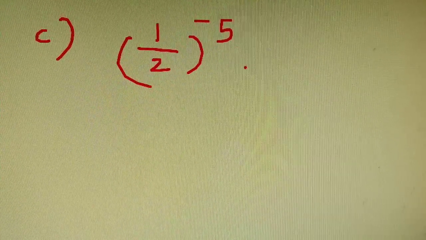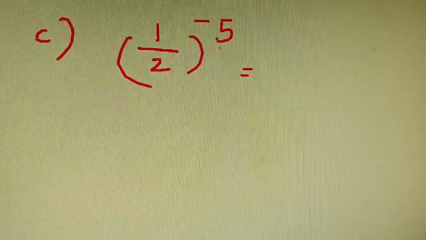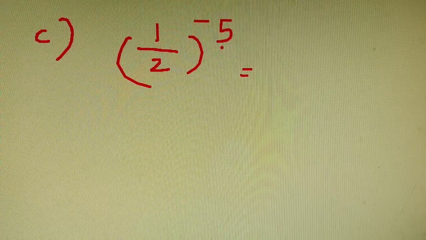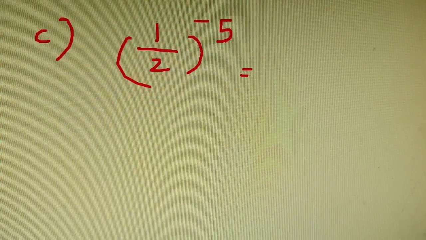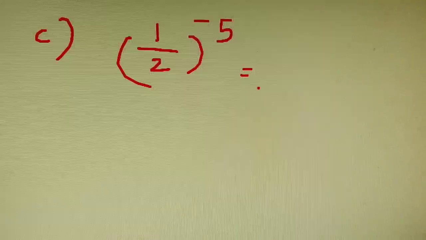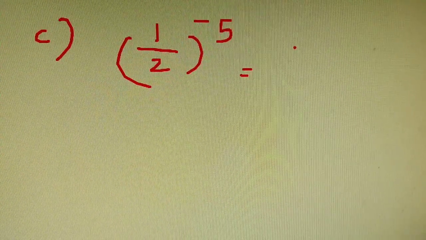Now the third option, you listen. That is 1 by 2 to the power of negative 5. Here also the negative exponent, that is negative 5. When we have a negative exponent, we can take the reciprocal of that number and give the positive exponent.